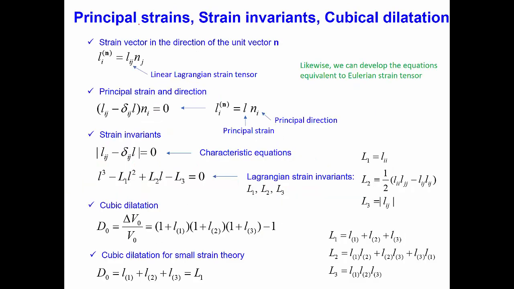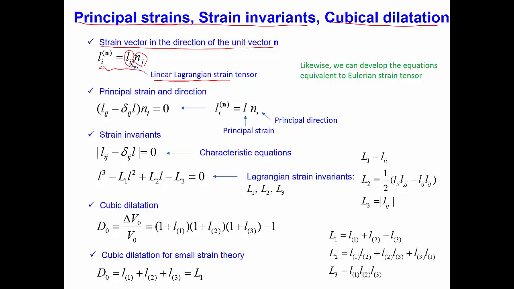Now let's study principal strain, strain invariants, and cubical dilatation. A strain vector in the direction of the unit vector n is defined by this equation. This is an inner product of the linear Lagrangian strain tensor and the directional unit vector n.